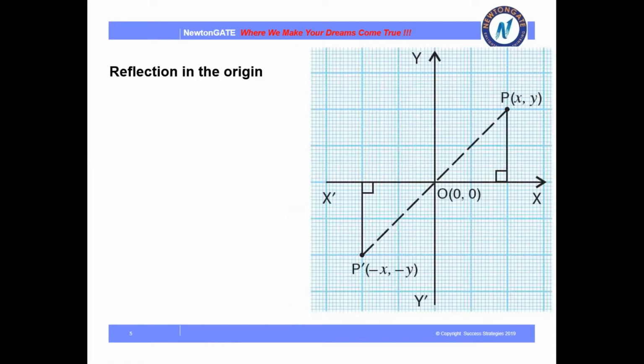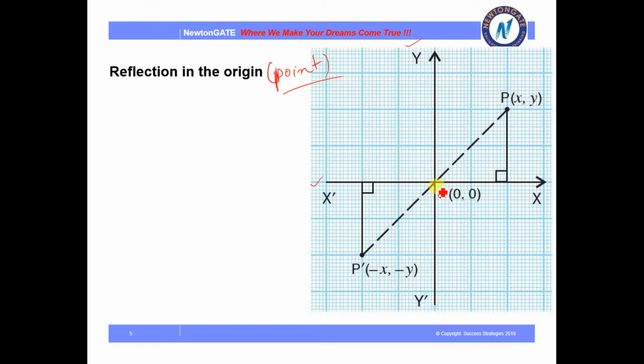Now we will see reflection in the origin. Now origin is a point. Before, we saw reflection on the y-axis and x-axis, but the y and x-axis both are lines, while the origin is a point. We are trying to reflect a point on a point. So when we reflect a point on a point, the point where the reflection happens, in this case the origin, is the midpoint.